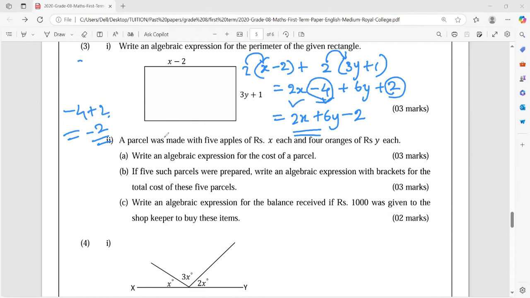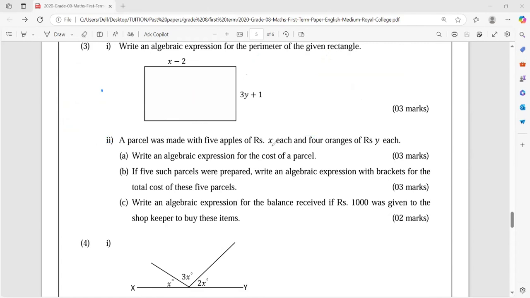And a parcel was made with 5 apples of x rupees each, and 4 oranges of y rupees each. Write an algebraic expression for the cost of the parcel. The parcel has how many? 5 apples, that means 5x. And 4 oranges, that means 4y. This is the cost of one parcel. If 5 such parcels were prepared, write an algebraic expression with brackets for the total cost of these 5 parcels, right?